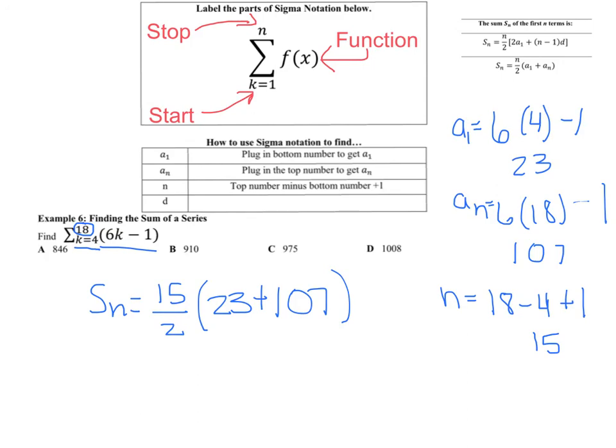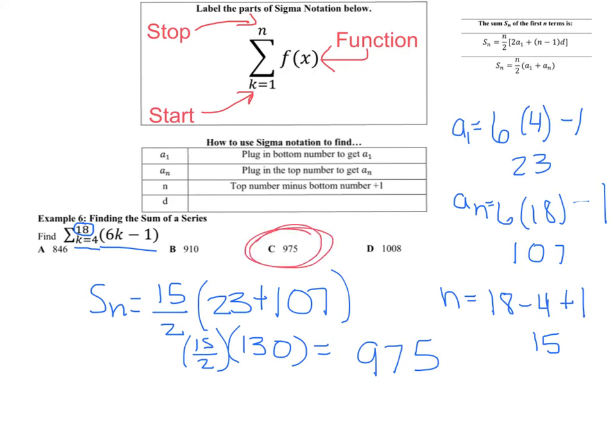So 107 plus 23 gives me 130, and I have to multiply that by 15 over 2. So 130 times 15 over 2 is going to give me 975, which is going to be my final answer, and in this case, our answer is C.